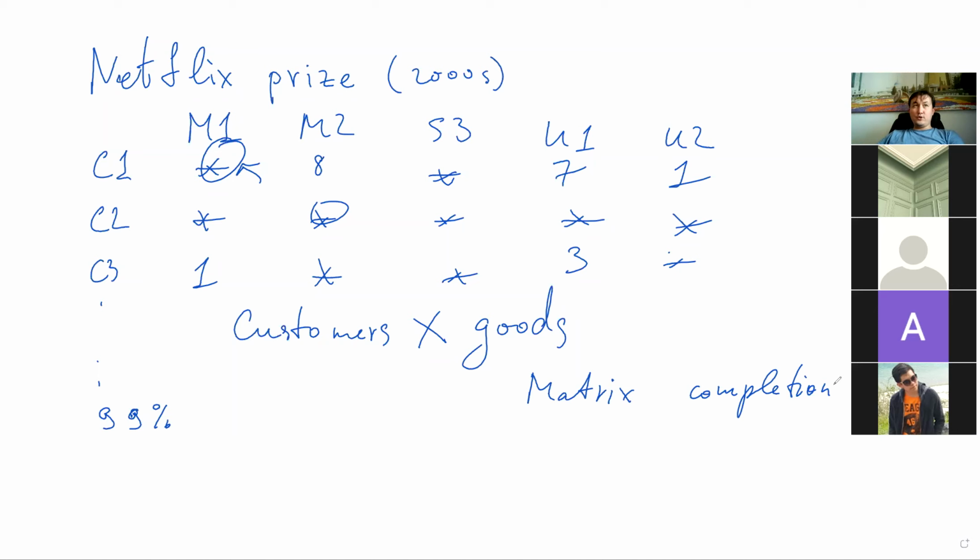There are many approaches, and it turns out that a very successful approach is the following one. You have to find a matrix of the lowest rank possible which will approximate the given matrix at those entries that are given to you.